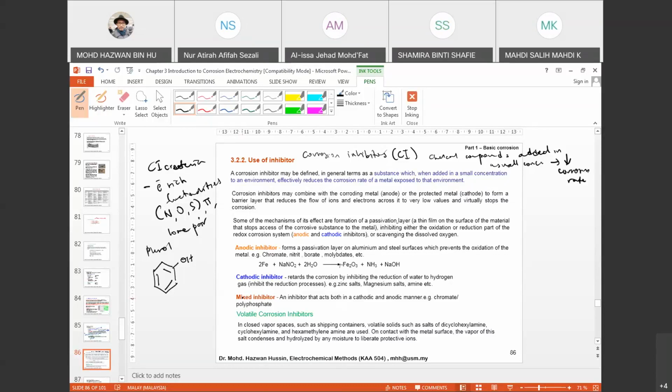Maybe because it has oxygen. Okay. Lone pair, yeah. So it has a heteroatom, an oxygen over here. And if you look at this structure, you'll notice that it has a lone pair here, isn't it? Meaning that it has an electron-rich region over here.